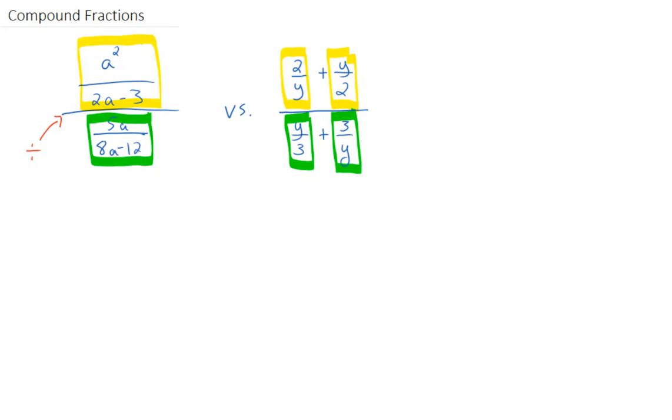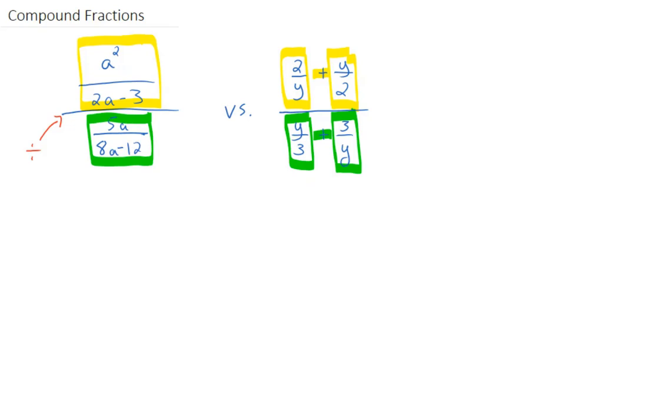In other words, we need to go ahead and add the fractions in the numerator and at the same time add the fractions in the denominator. Once we add those fractions, then we will end up with a configuration similar to the monster on the left here.